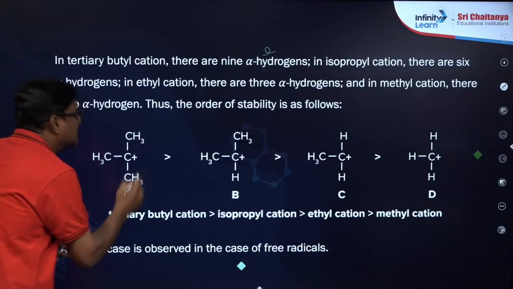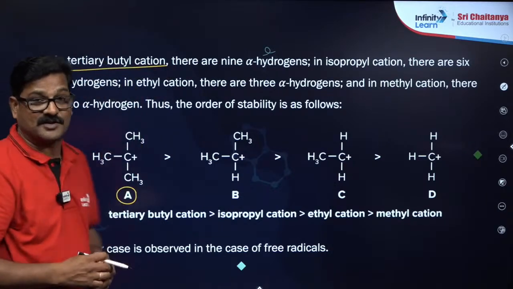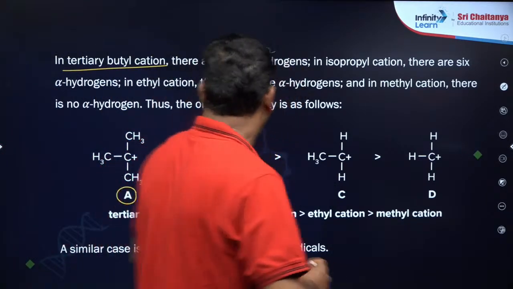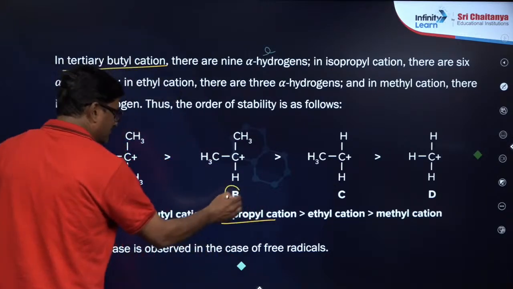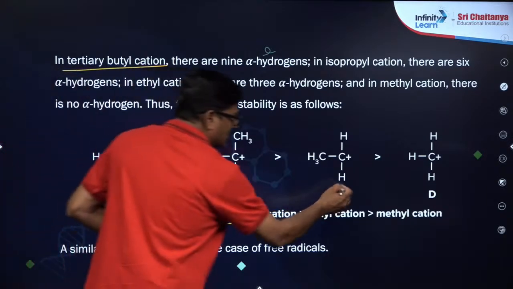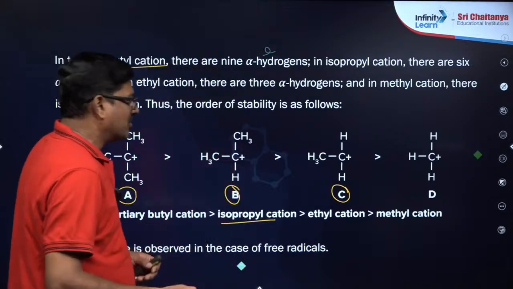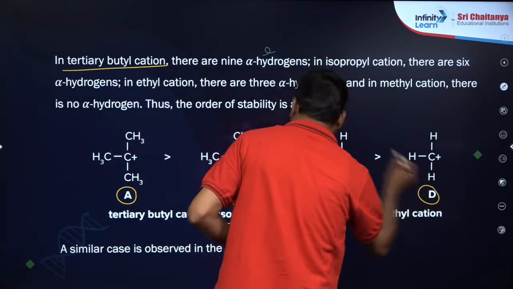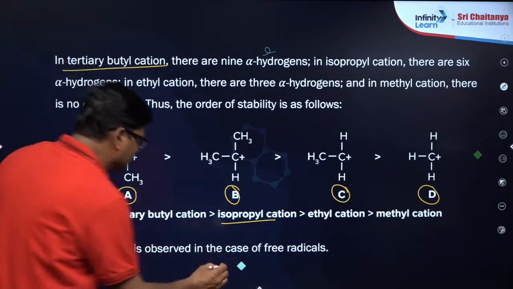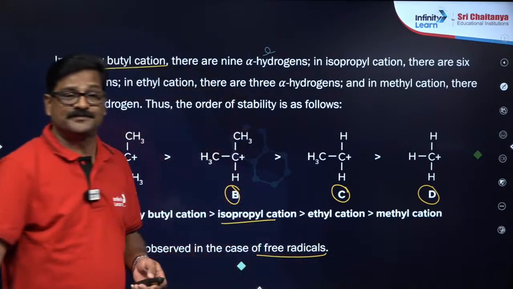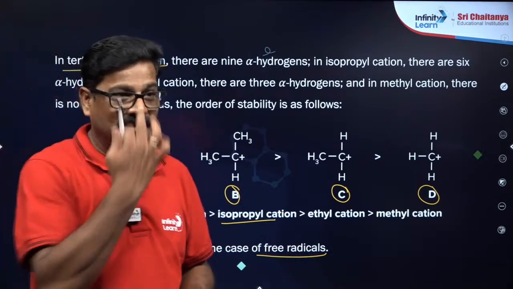You should know the structure also. And isopropyl cation means B from the previous slide. And this is ethyl carbocation, methyl carbocation. The stability order goes like this. The same thing you can see in the free radicals as well. Got me? Right.